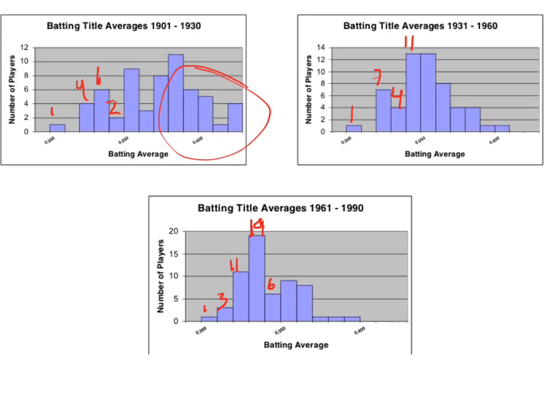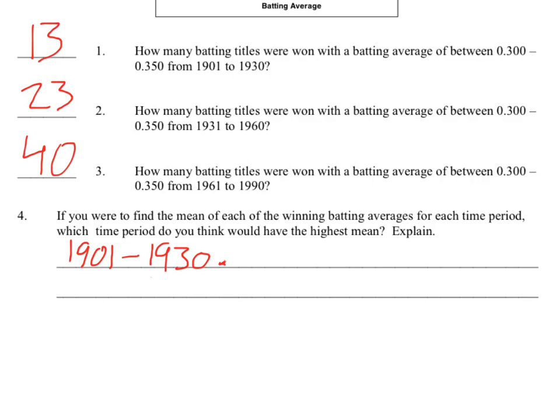You can mention how there are more batting averages of the higher rank, like 0.375 and higher, than these other sections. They have a lot less. And so this one would have a higher mean. You can write one of those down for your explanation. You have, and then because, and I want you to use your words to write something down, one of those reasons there.